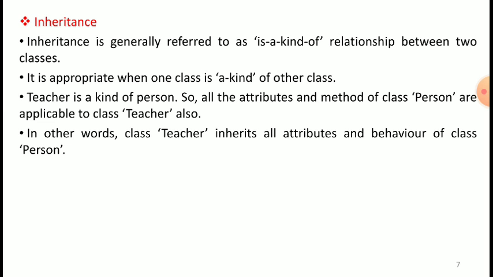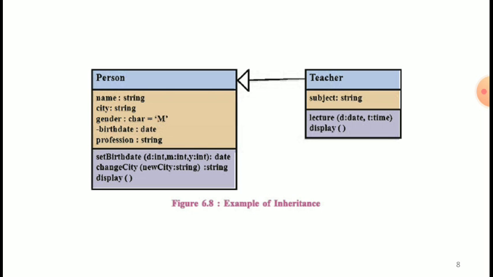Teacher is a kind of person, so all the attributes and methods of class person are applicable to class teacher also. In other words, class teacher inherits all attributes and behavior of class person. So that is an example of inheritance.